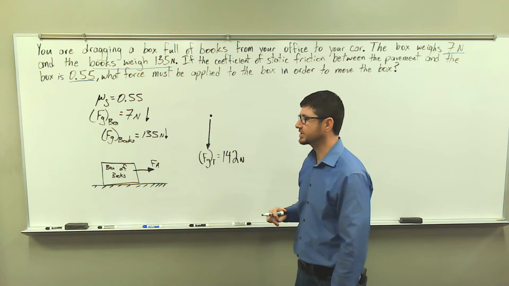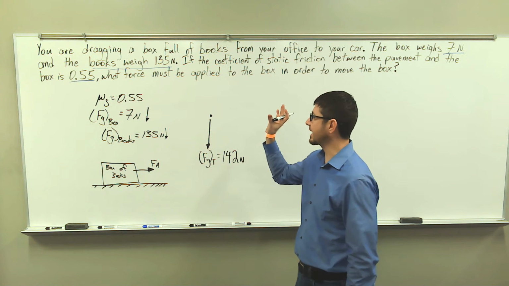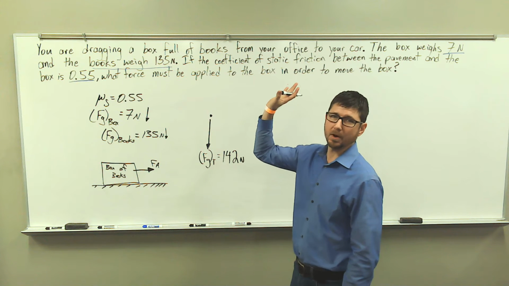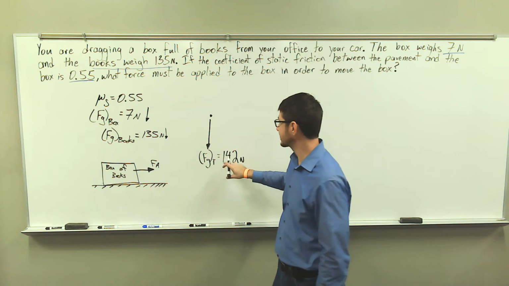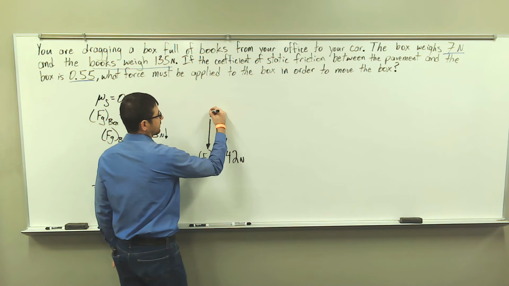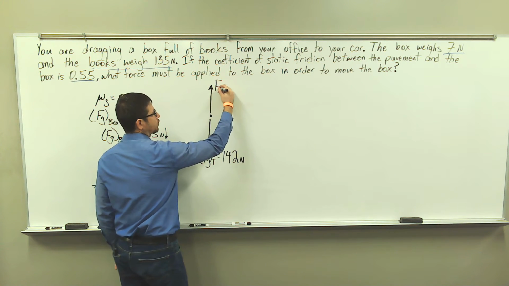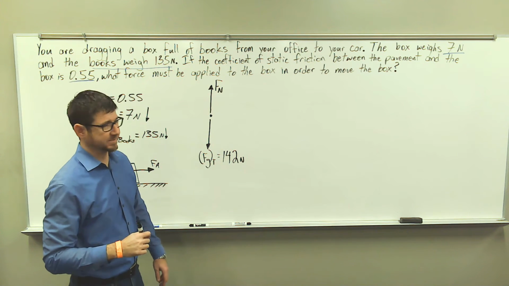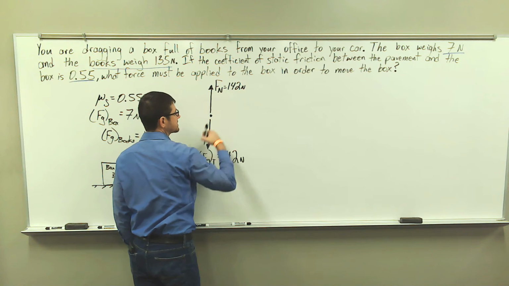Now in the y direction, our system is in equilibrium, so that means that the ground is pushing up on the box of books, 142 newtons. So normal force applied to our box of books. Normal force is identified by F sub N. This is 142 newtons.